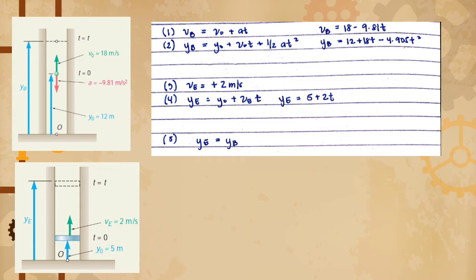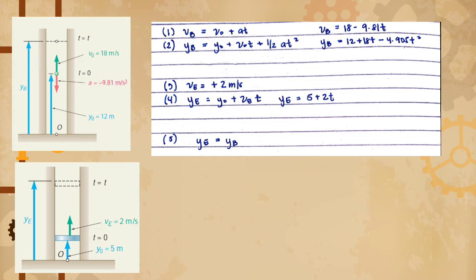Again, placing the origin at ground level and choosing the positive direction upward, we note that y_0 is equal to 5 meters. And for equation 3, we have v_e is equal to positive 2 meters per second.